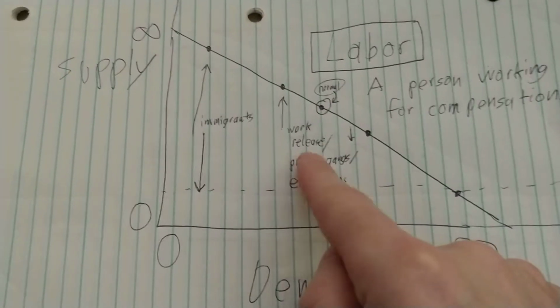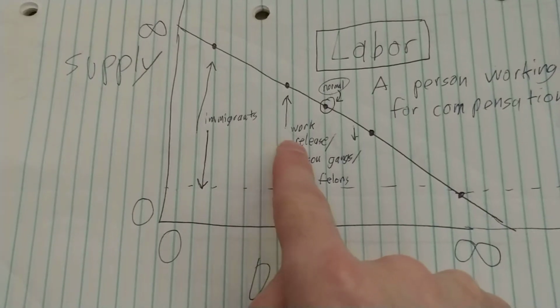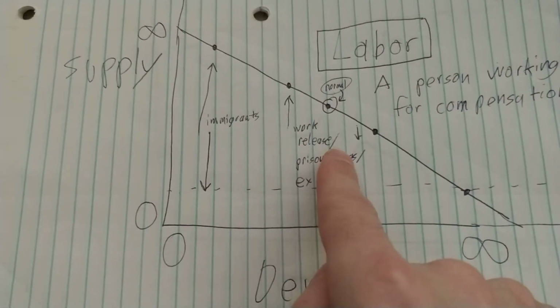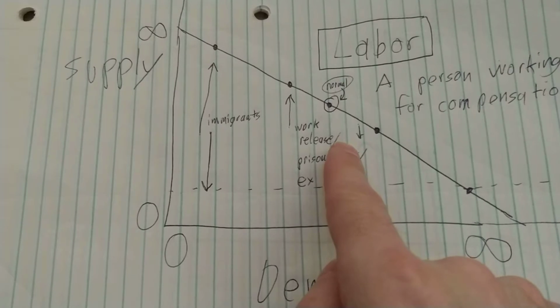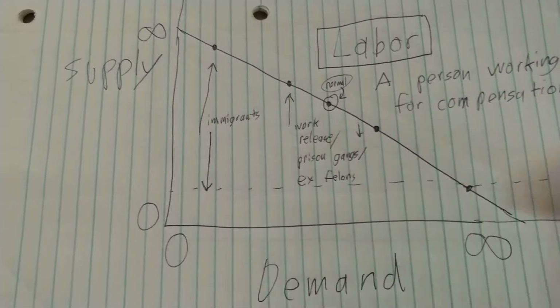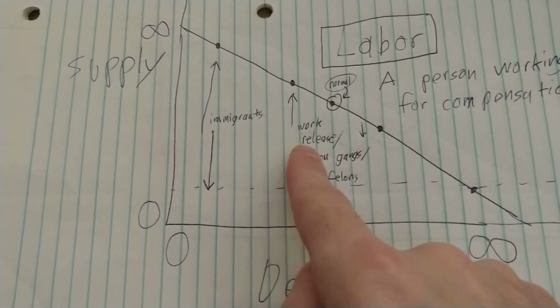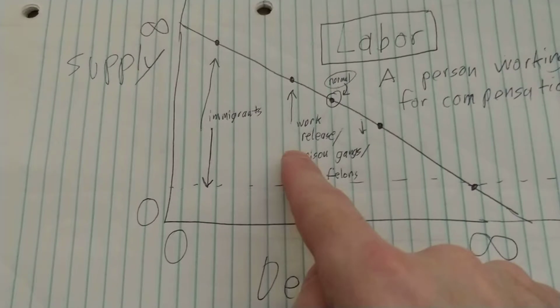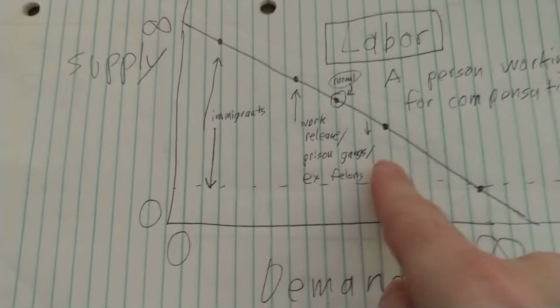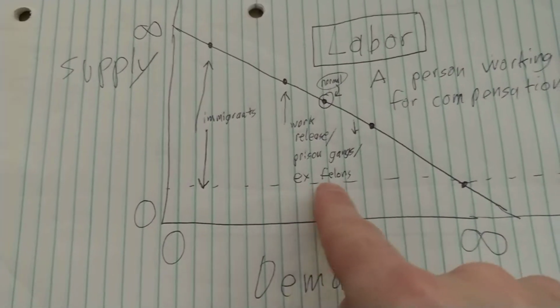One of the things is if crime goes up and we end up with more work release prisoners, they're technically prisoners, but they can go work for the day or a weekend or something, and prison gangs going out and working, picking up trash and whatnot.